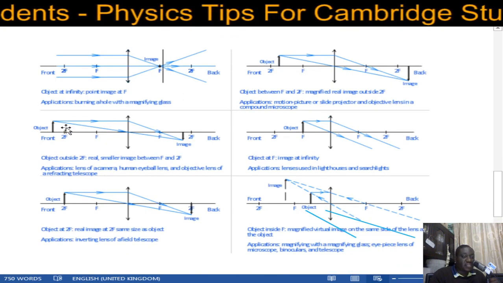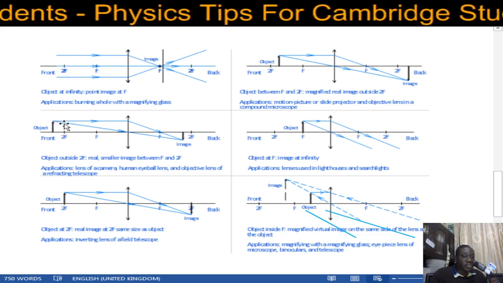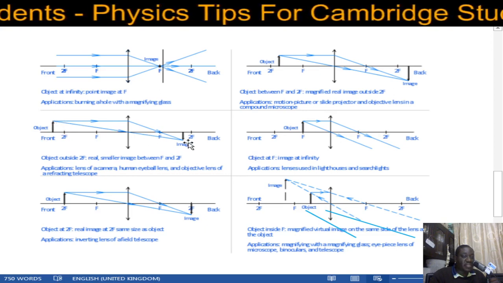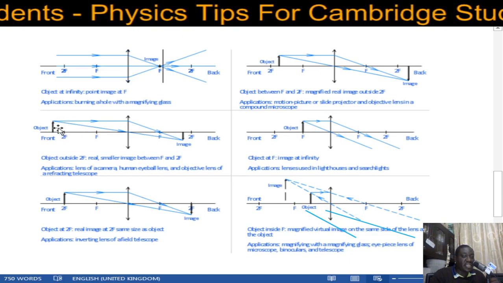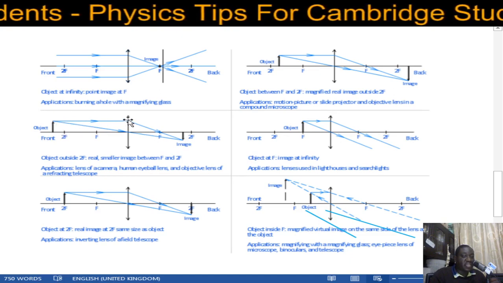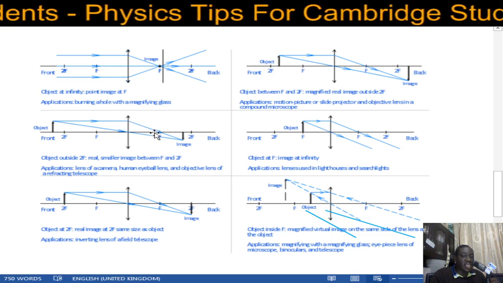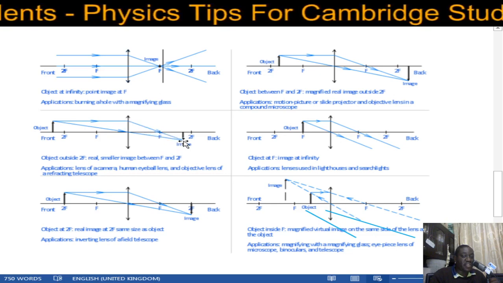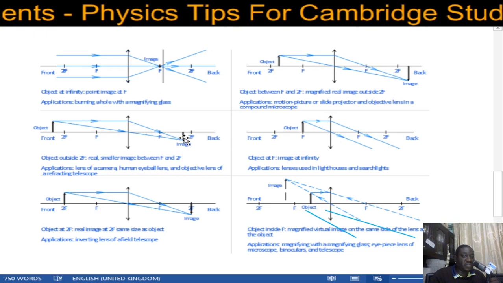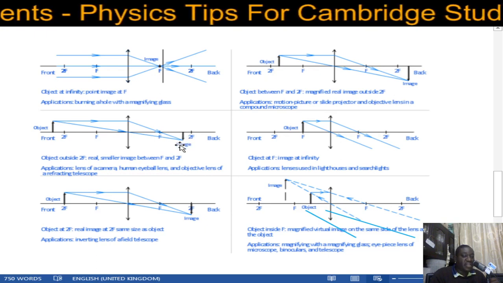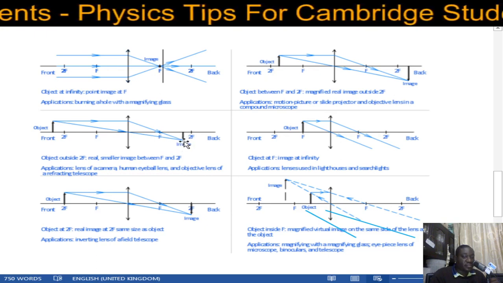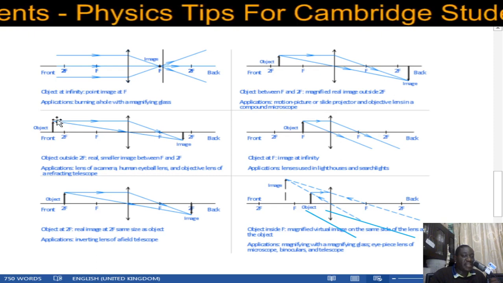So if the object is beyond 2F, we draw our first ray that I talked about, straight and refracted. Second ray gets refracted at the lens, so at the center of the lens. And then through this principal focus where they meet, that's where the image is. Magnification would be that height divided by that height.